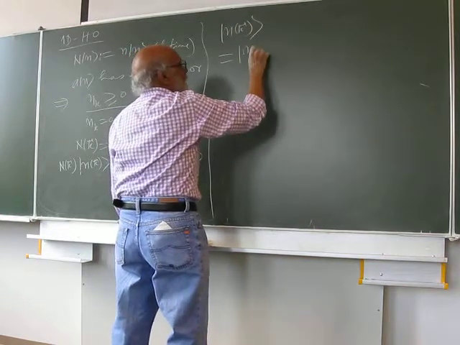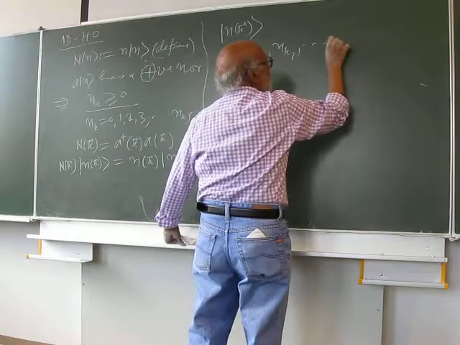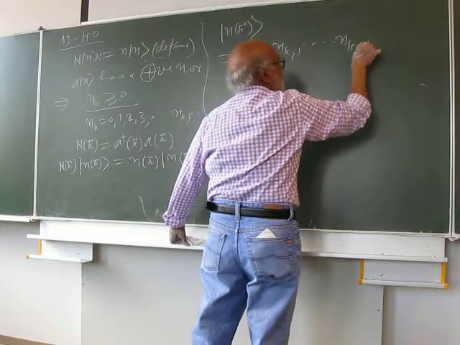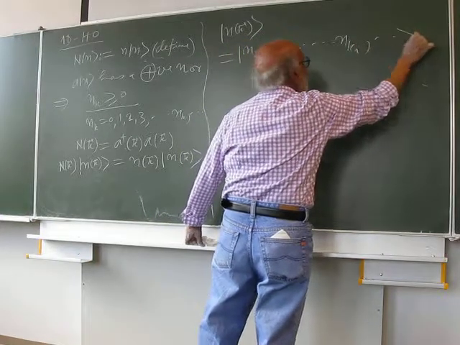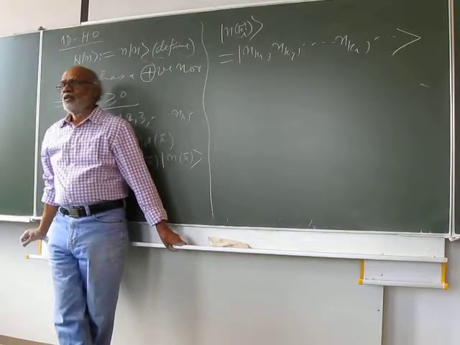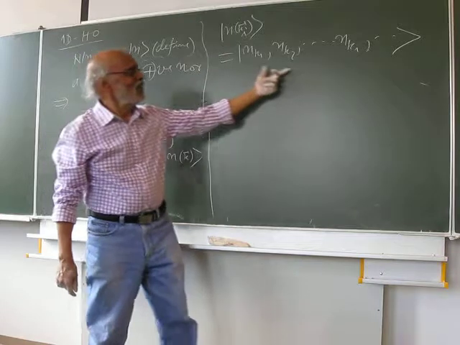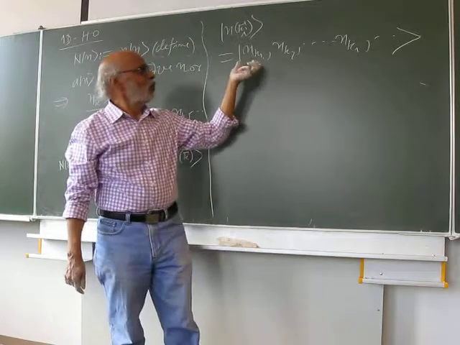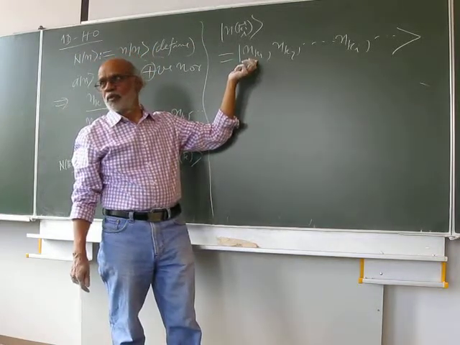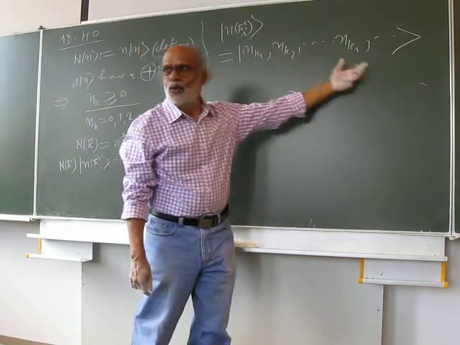So this is n of k1, n of k2, n of ki. So this is a particle state nki. It is written like this. And it means the number of particles with momentum k1 and number of particles with momentum k2 and so on.